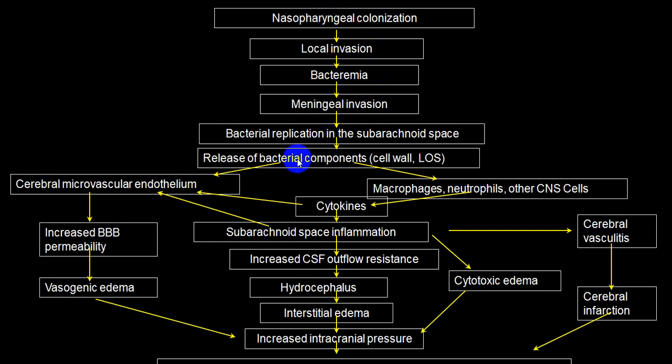Then they will release the bacterial components, which will give rise to attraction of macrophages, neutrophils, etc. They release cytokines, and because of release of cytokines, there is subarachnoid space inflammation, increased CSF formation, hydrocephalus, interstitial edema, raised intracranial pressure, as well as release of different mediators; the cerebral microvascular endothelium will be affected, blood-brain barrier permeability is increased, vasogenic edema, and because of inflammation, cytotoxic edema.